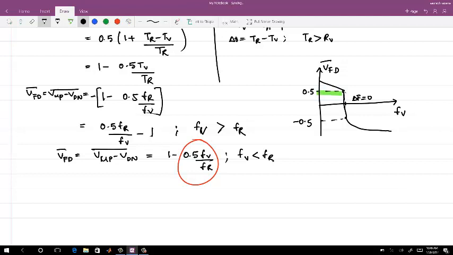So these are the characteristics of the phase frequency detector when we are using it as a frequency detector only. This is the frequency detection part. The phase detector part, you have seen the characteristics.